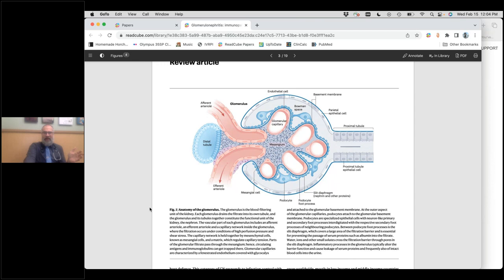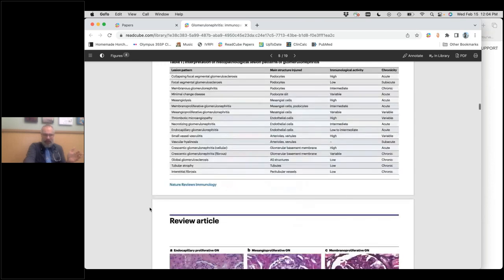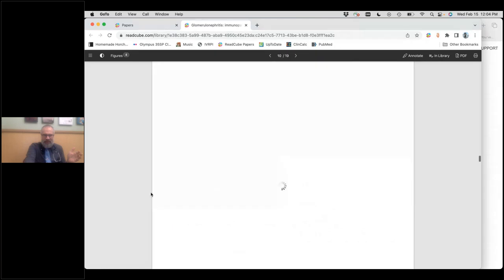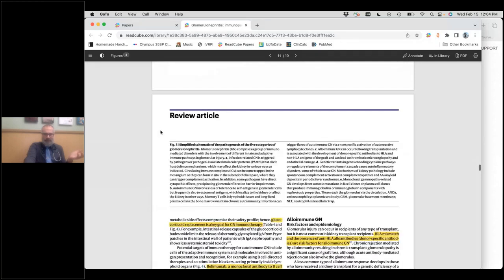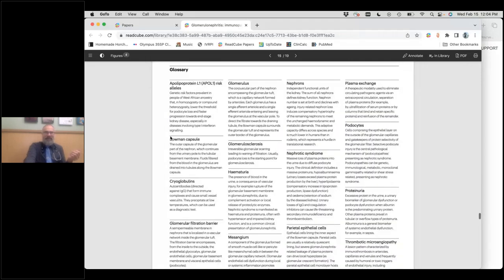The fact that they have a glossary of all the different terms that are used throughout the manuscript is interesting, helpful, I guess. Yeah, they have a glossary which includes nephron and glomerulus, but then also APOL1 and other things as well.